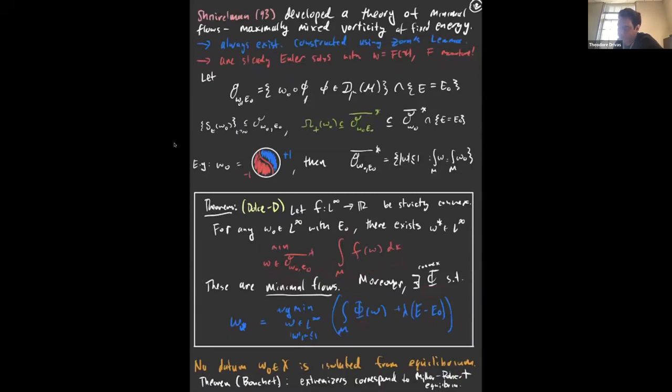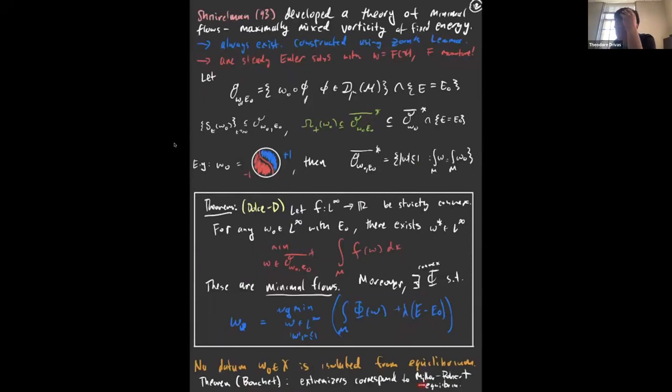So we prove any minimizer has the property that there's some other convex function related to f, where you can minimize this just with a Lagrange multiplier on an unconstrained space. And so it's giving a method to find these maximally mixed flows by solving this variational problem. And this last point is actually interesting because using some work that Freddy Bouchet had done some years ago, it turns out that any maximally mixed flow is actually in correspondence with some prediction from a Miller-Robert theory.